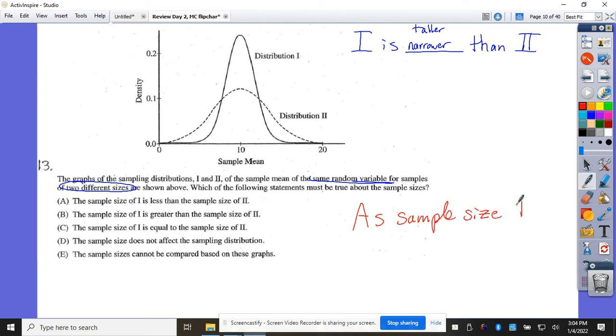So if we are talking about the width as your sample size, again, the second time we've had this same concept, as sample size increases, what? Distribution width decreases. So if 1 is narrower, then what?